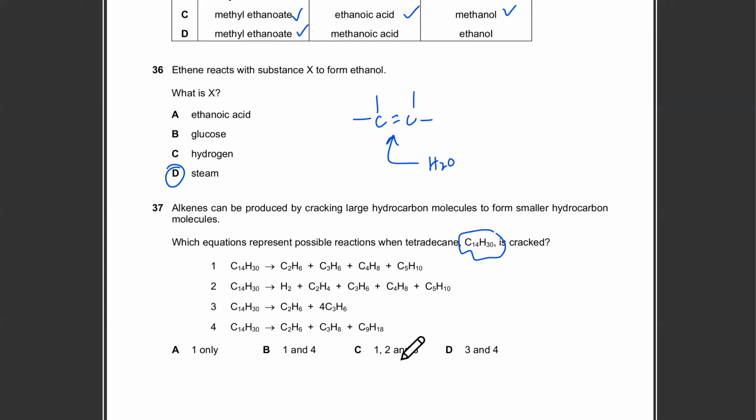So it's C, because 4 is wrong. Why is 4 wrong? When you add it up, 9 plus 3 is 11, 11 plus 2 is 13. And for H, that's 6, that's 8, that's 14, plus 8, so that's not 38.